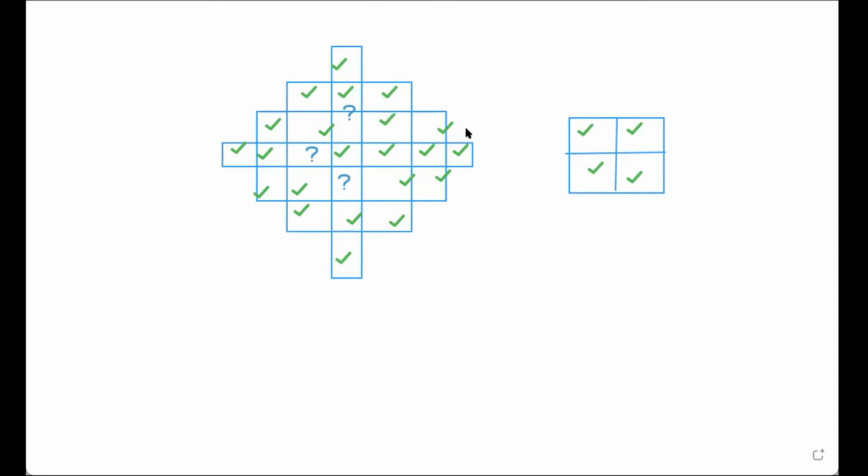Then now we have 2 2 by 2 boxes. Well, we can remove both of those by taking out this check mark. And so we have only 4 check marks removed, and everything else is a question mark. And if you look around, there are no 2 by 2 squares, so that's what we'll do for this question.